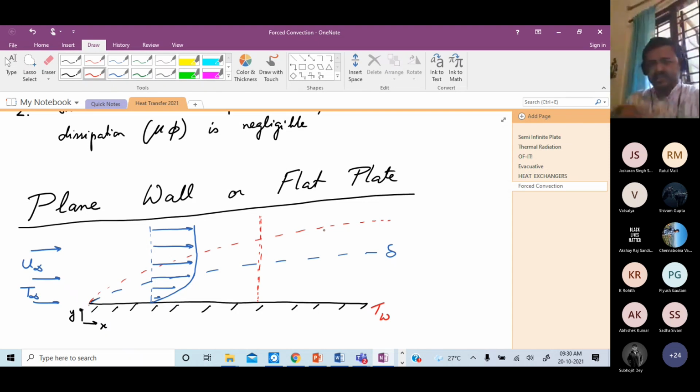If this is a heated surface, if I touch it, of course, it's hot. If I go very close but not touch it, I can feel the warmth. It is still hot. If I go a little farther away, I don't feel it at all, right? So therefore, the temperature of the fluid also changes.